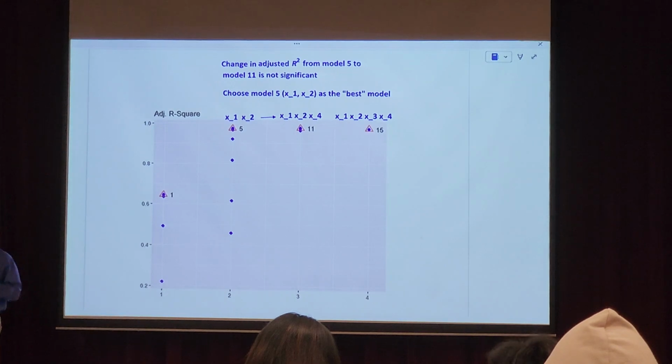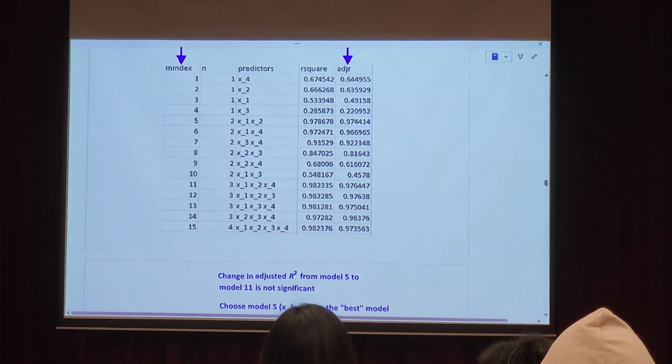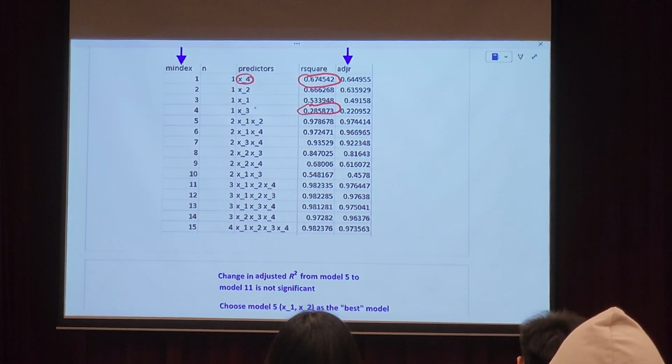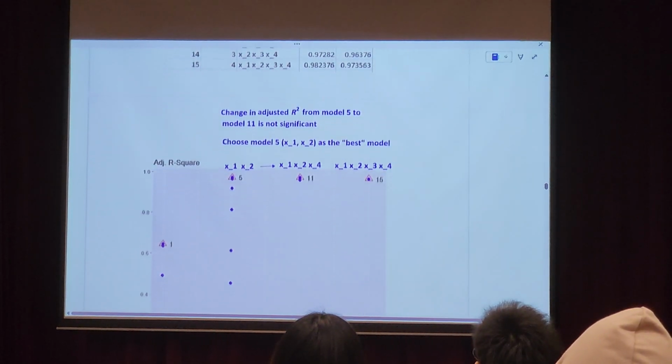And what variable is that? This graph doesn't tell you, but you can go back and see. It's X4. The worst one is, okay, you can look at R square, just R square, I don't think it matters. And this is X3.